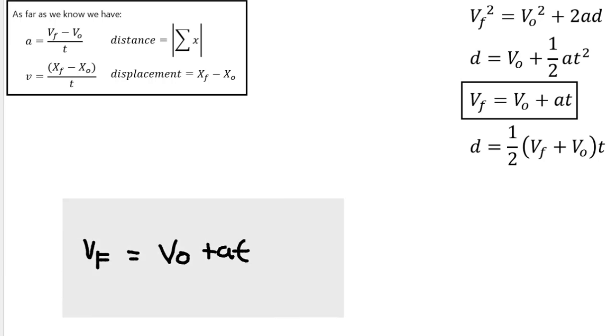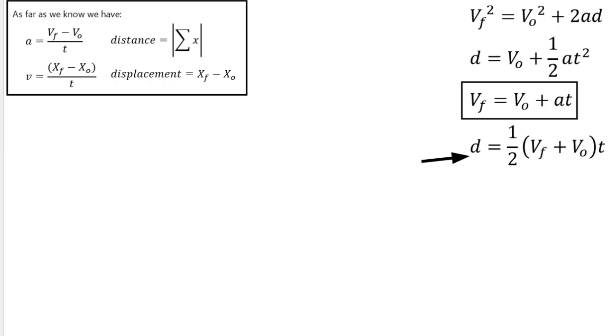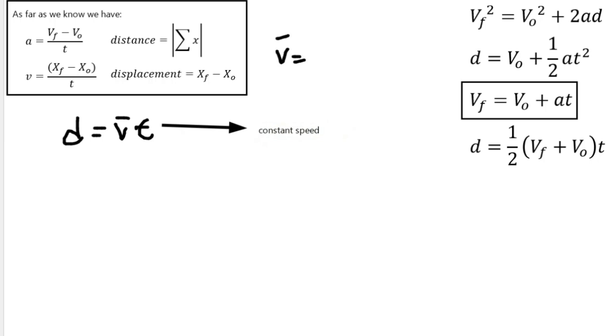Okay, now let's derive the other one here. The distance equals 1/2 multiplied by the sum of V final plus V initial, multiplied by time. So we need to know this equation, that distance equals the average velocity times time when it is at a constant velocity.